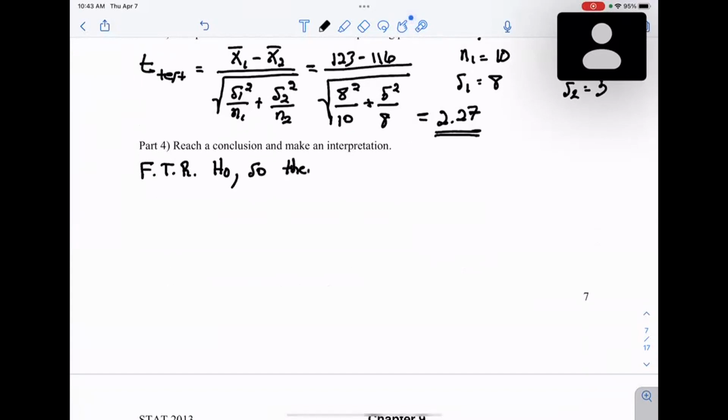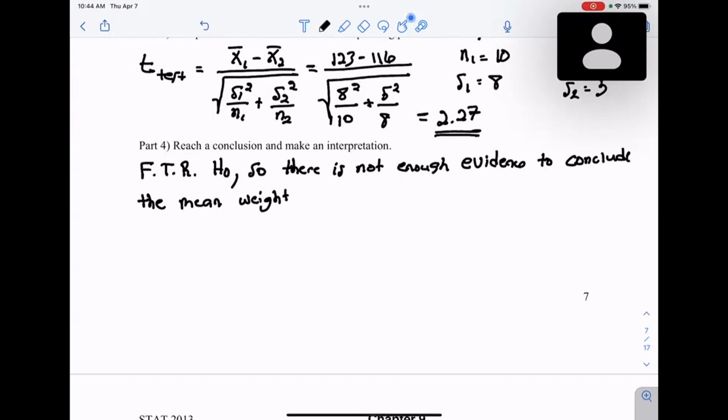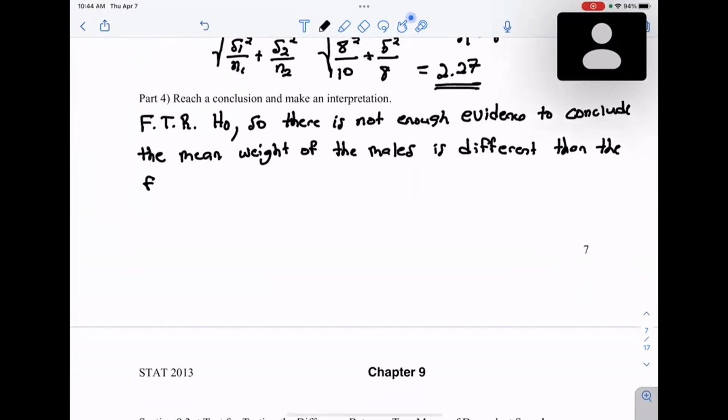So there is not enough evidence to conclude the mean weight of the males is different than the females. And that's the conclusion.